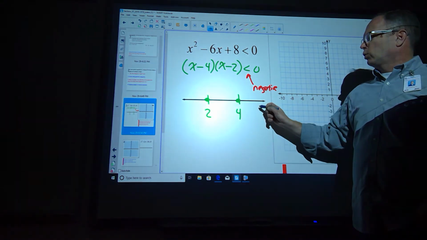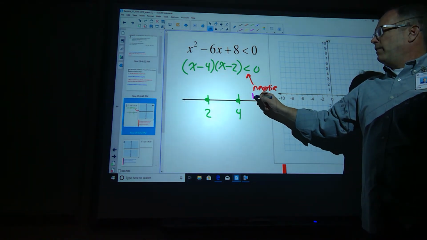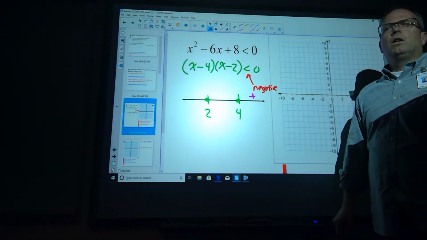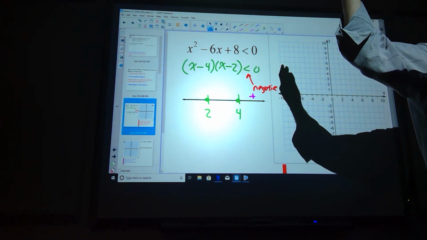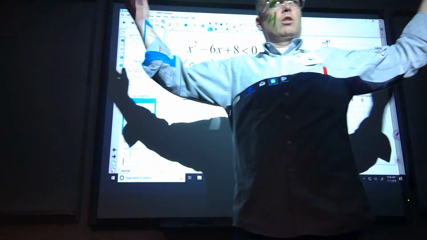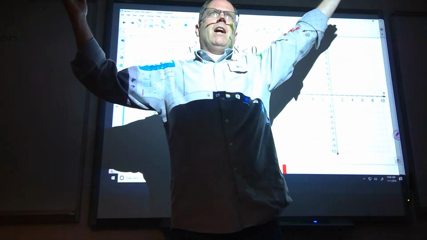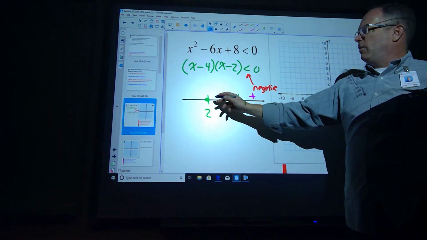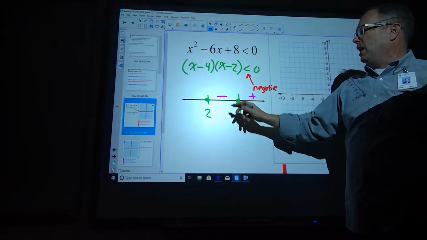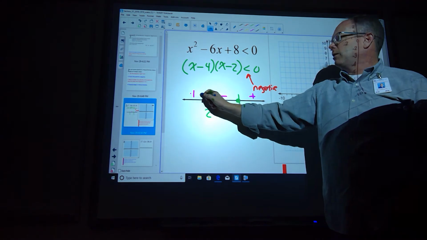I'm going to come over to this region right here. Every value over here is going to be positive. Think about this. What does this parabola look like? It does this, correct? Where does this go? Positive, right? So if it goes positive, in between these is going to be negative, and then over on this side it's going to go back to positive.